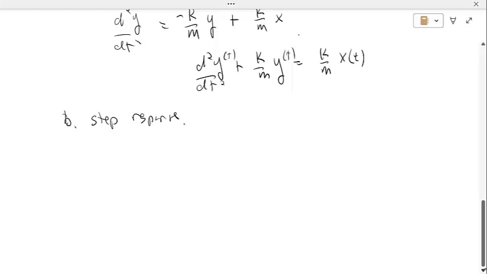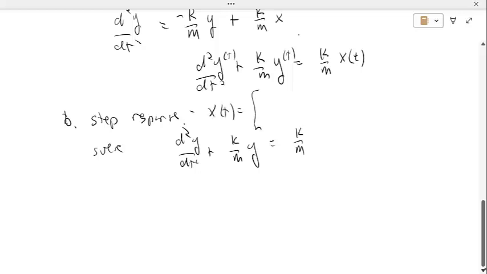Solve this differential equation. So I'll just say the same equation again, d squared y dt squared plus k over m times y. And I think these numbers are 1, so it turns out to be 1. That's nice. Now here step response means that x of t is equal to 1 when t is greater than or equal to 0, and 0 when t is less than 0.